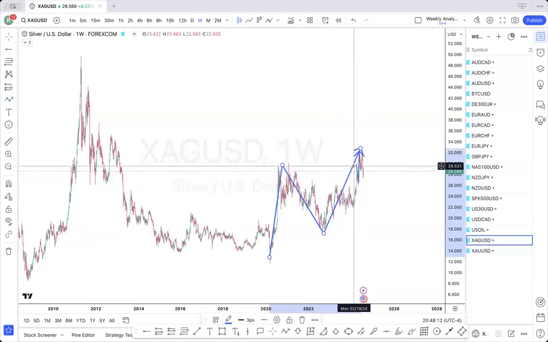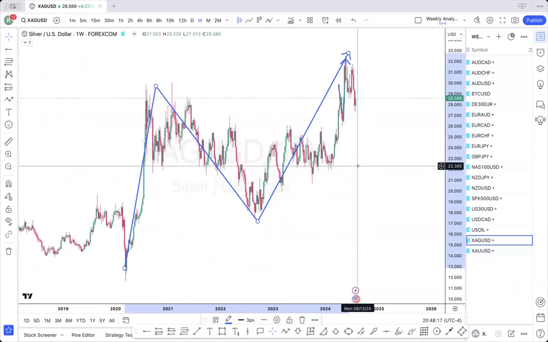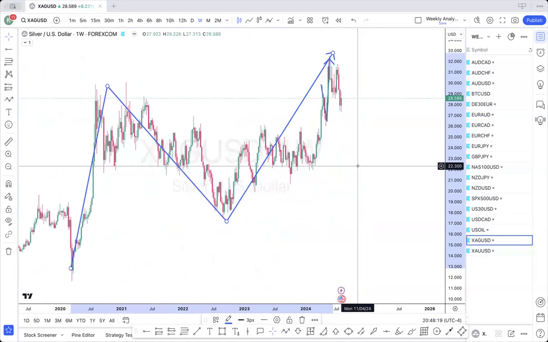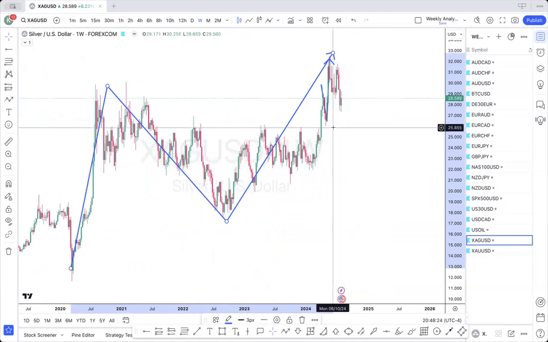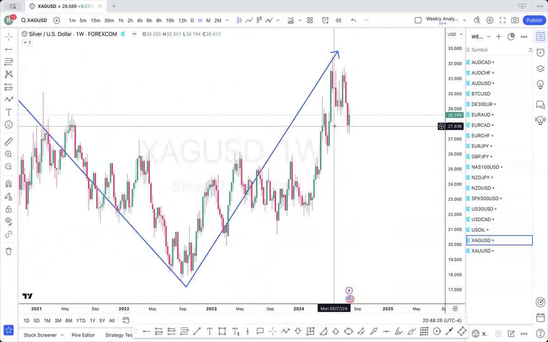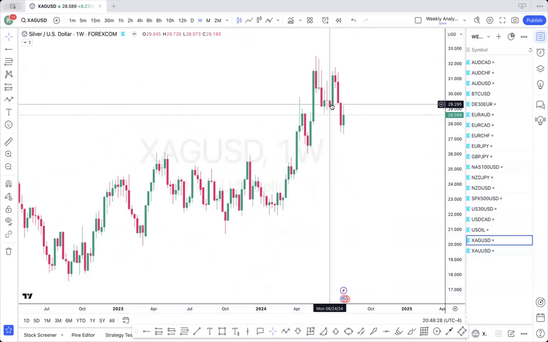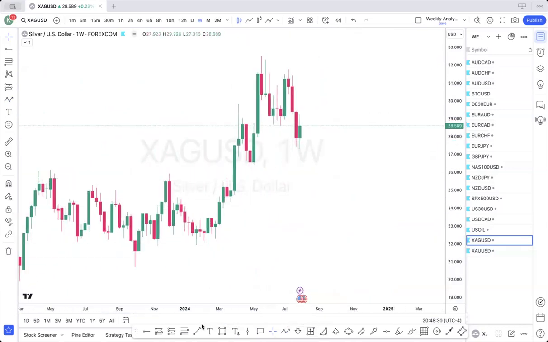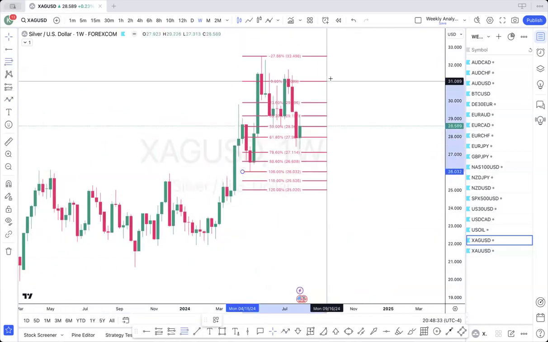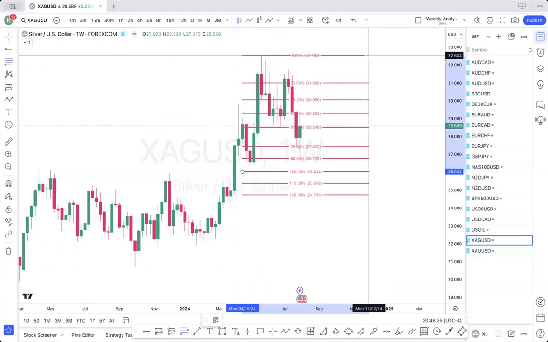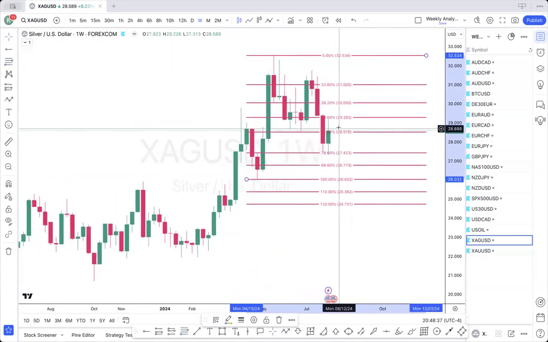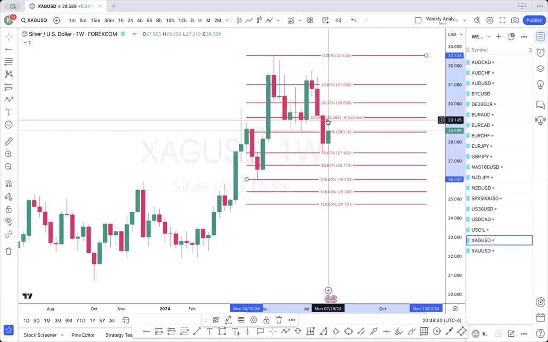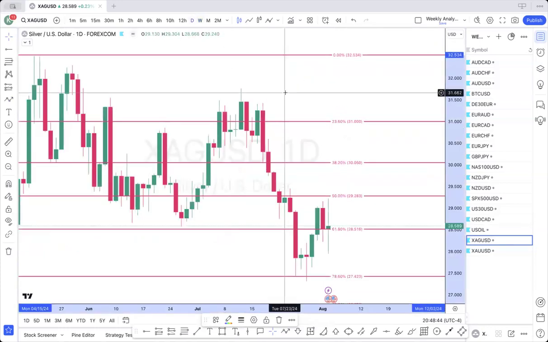And within that, we're in this structure right here. We can fib this move because this is the swing, or the range, that we're in. Price tapped to 78 and gave a bullish week. So now let's go down to the daily.